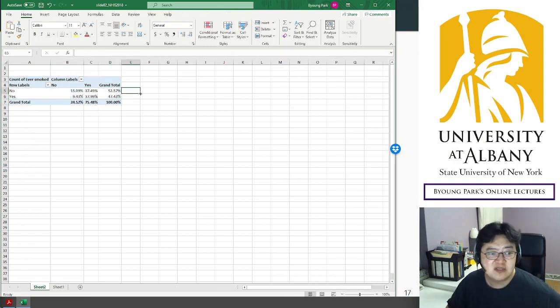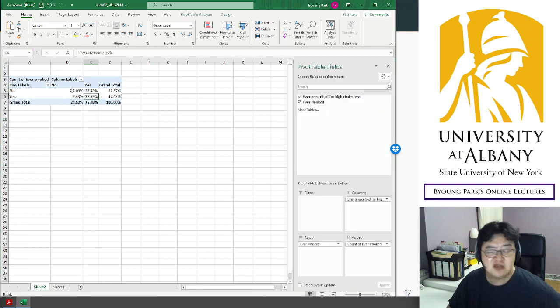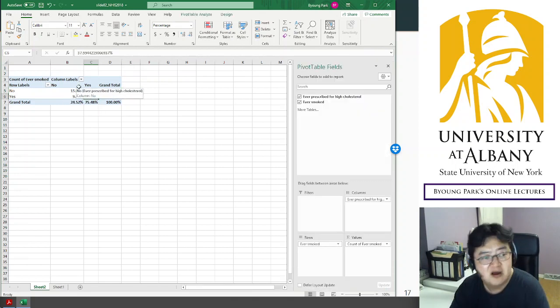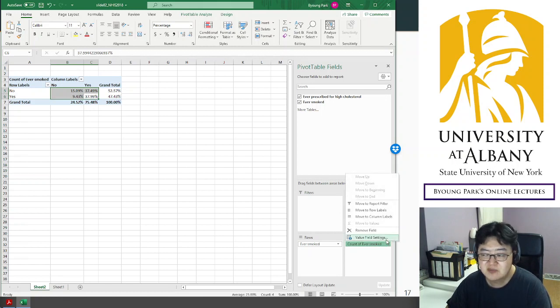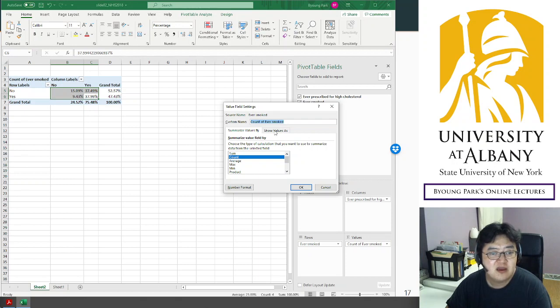But what we want is, as I said, you cannot compare across different variables. Therefore, we need to change those probabilities to conditional probabilities. We can do that by going back to this option, the setting here.